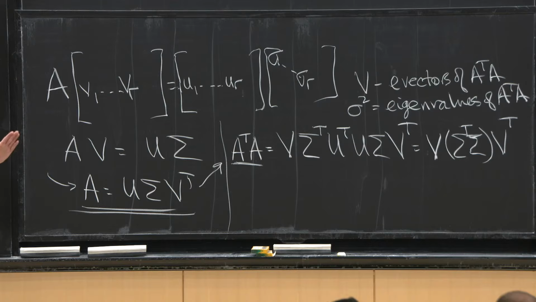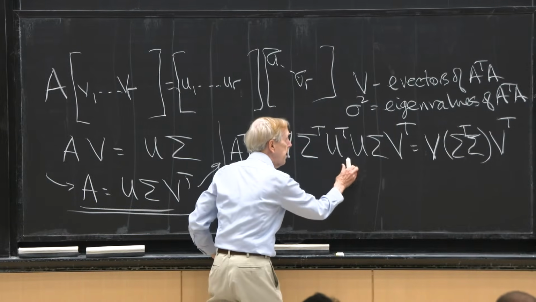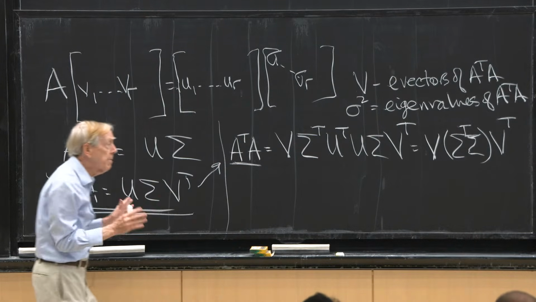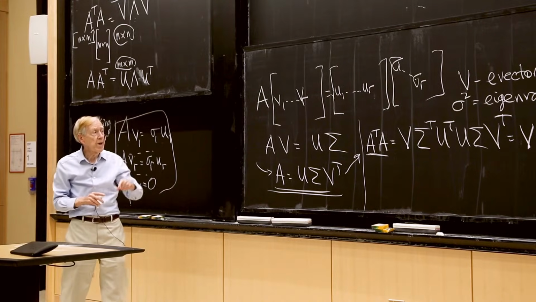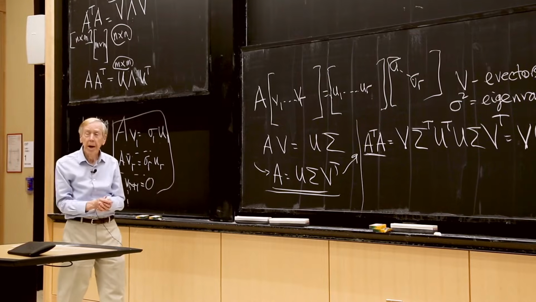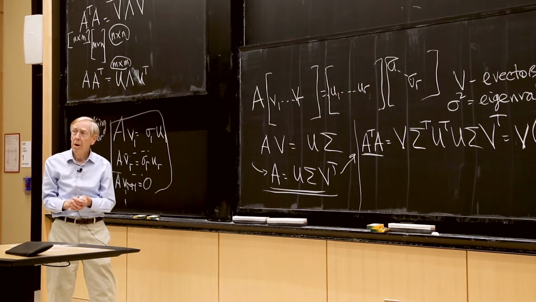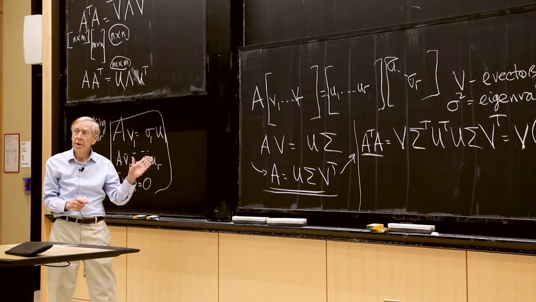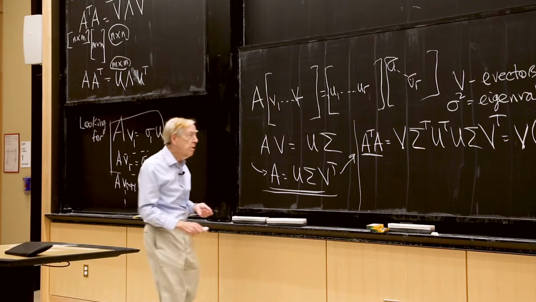Sort of by looking for the correct thing, U sigma V transpose, and then just using U transpose U equal identity, we got it back to something we perfectly recognize. A transpose A has that form, so now we know what the V's are. And if I do it the other way, instead of A transpose A, the other way is to look at A A transpose.